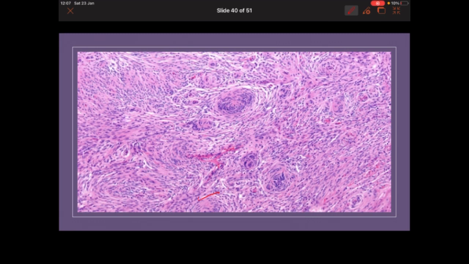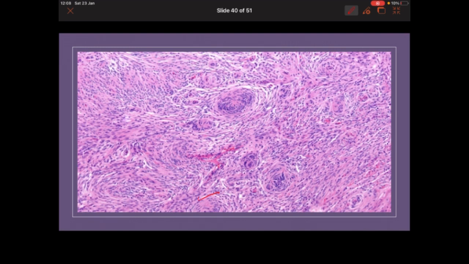There is a spectrum of grading of meningioma depending on its subtype. But for your level, being able to recognize meningothelial meningioma, or to recognize this as meningioma, is fair enough. Meningothelial meningioma falls under WHO grade 1.